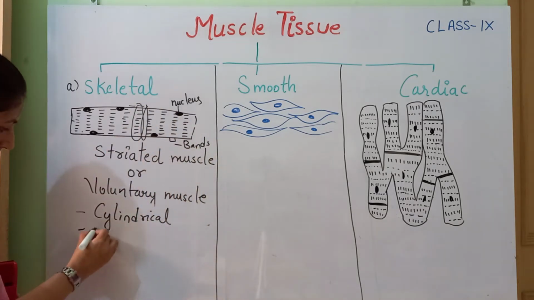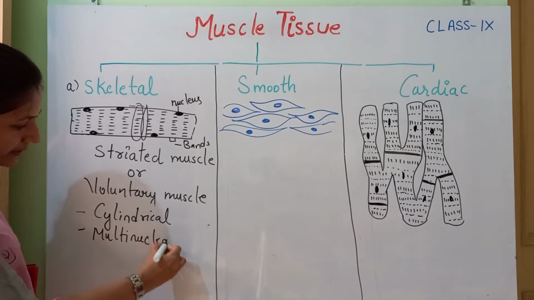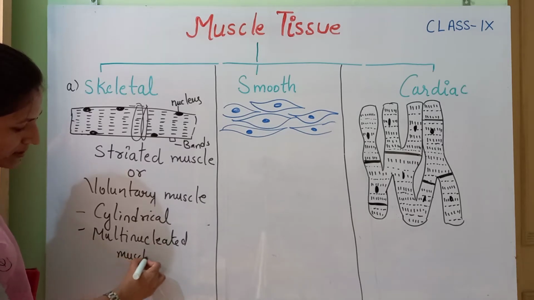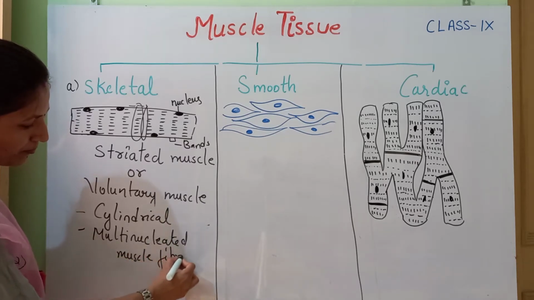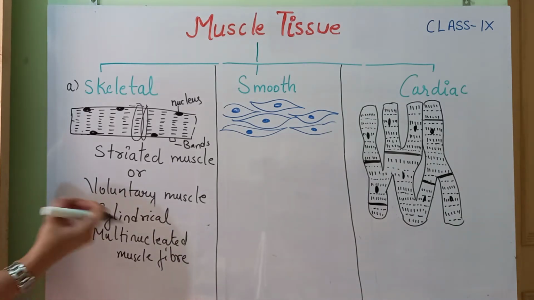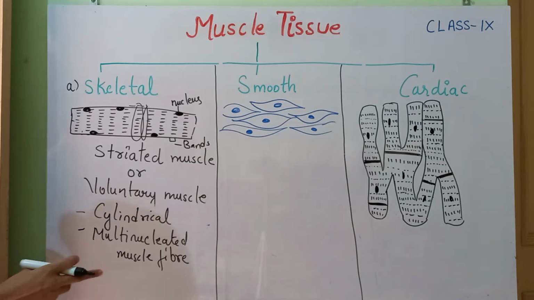So this is a multinucleated muscle fiber. The reason being, more amounts of proteins are produced because these are highly active muscles. Okay, highly active muscles, multinucleated.